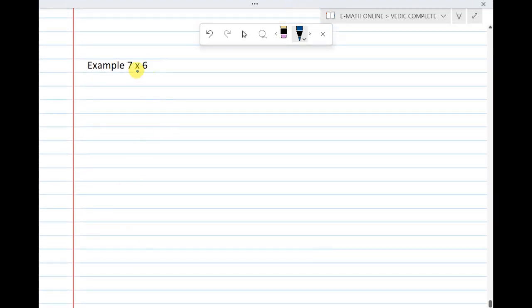Let us consider one more example, 7 6s are. We know that actually 7 6s are 42, but just listen to this technique and understand it, and we will apply the same rules to the higher numbers. Deficiency is calculated by number minus base, so it was minus 3.